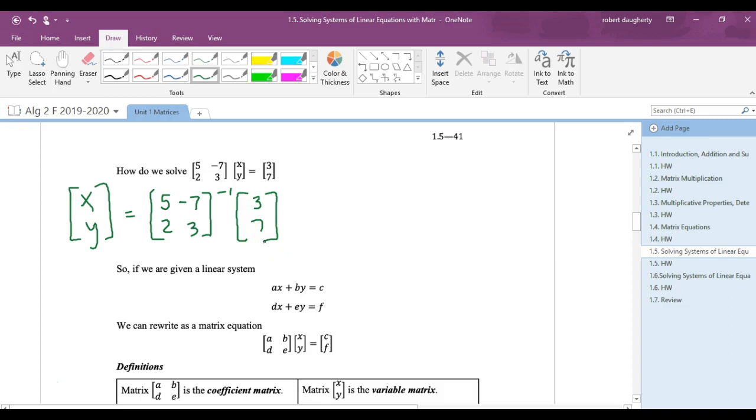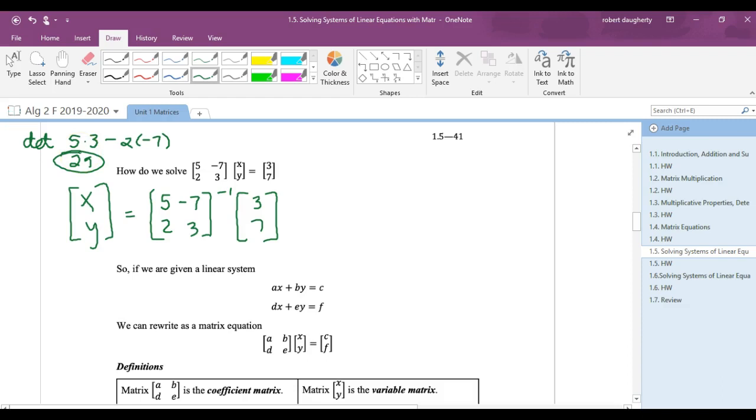So to find the inverse of that matrix, first I need to find the determinant. And the determinant is going to be what? 5 times 3 minus 2 times negative 7. So that's 15 plus 14, which is 29. So the determinant is 29.